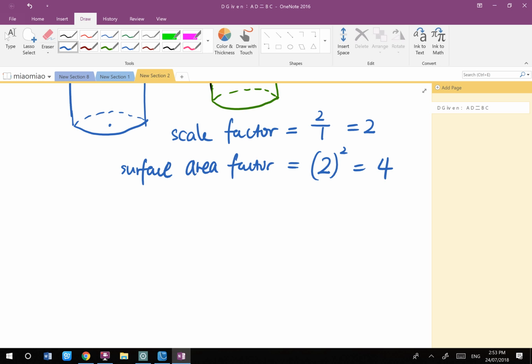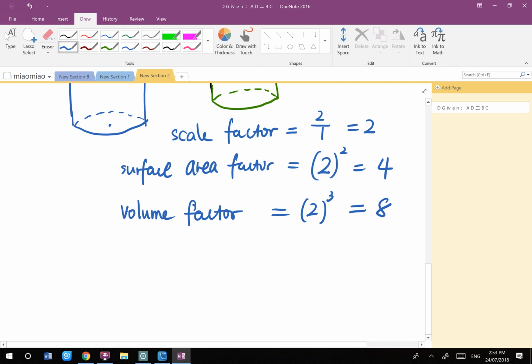And also because it's a 3-dimensional shape, I can talk about the volume factor. That is the cube of the scale factor, which is 8. So the big one is 8 times the small one. It doesn't matter what the small one's volume is, times 8 will give you the big one's volume. So that's the scale factor, volume factor, and surface area factor.